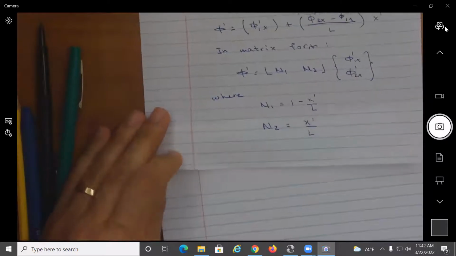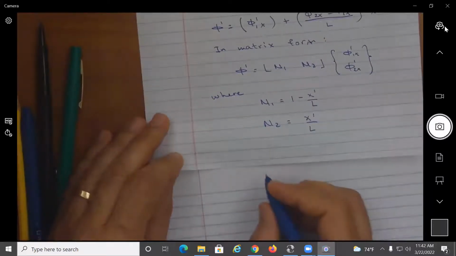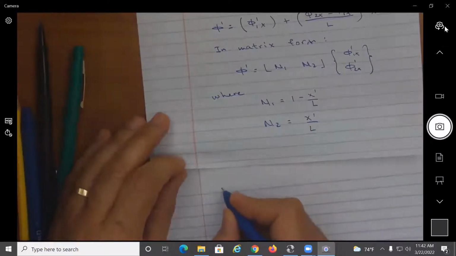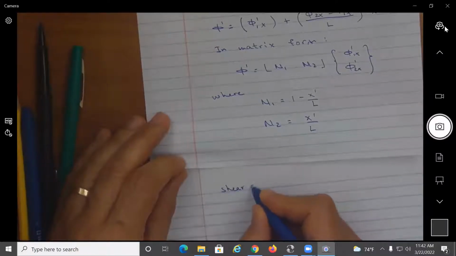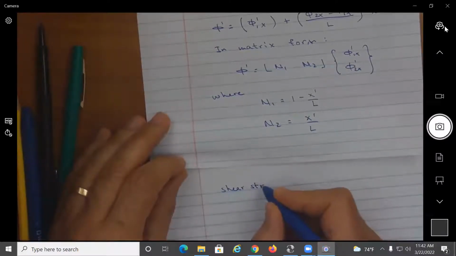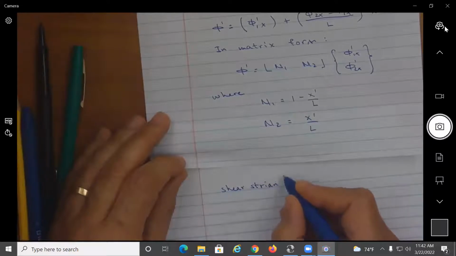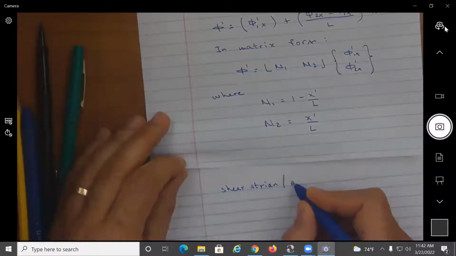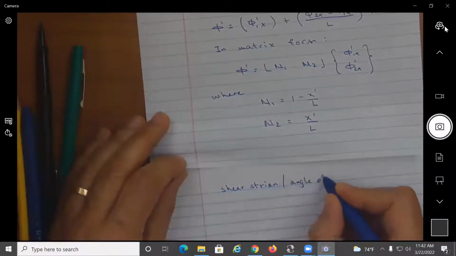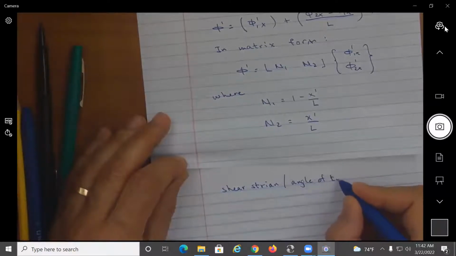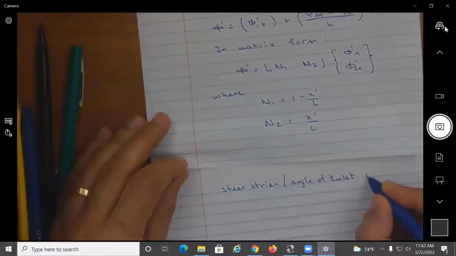Next, we are going to look at relationships. So we're going to look at shear strain, angle of twist relationships.